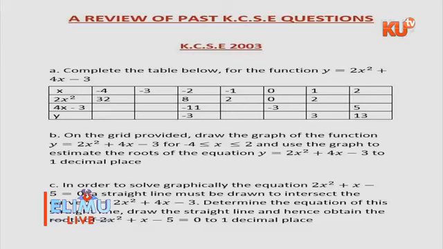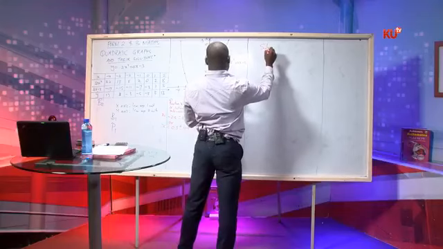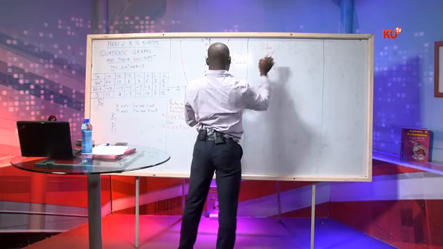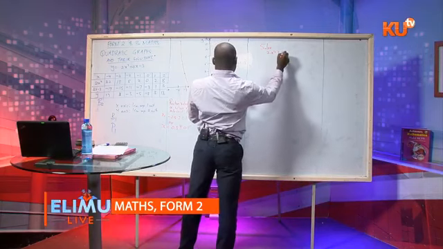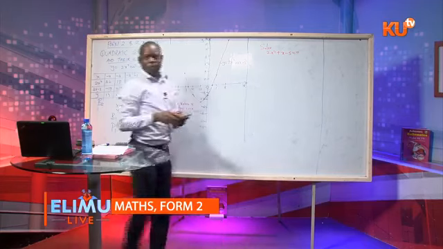Part C. Part C of the question, we are told, in order to solve graphically the equation 2x squared plus x minus 5 equals 0, a straight line must be drawn. So we are solving now the equation 2x squared plus x minus 5 equals 0.